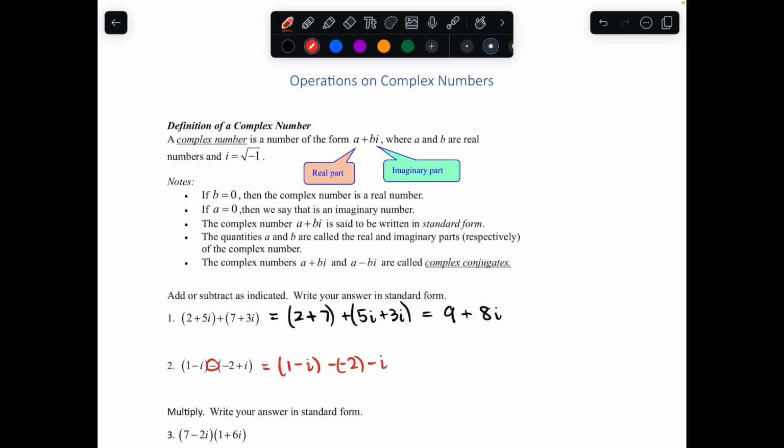So now let's regroup everything. We have for the real parts 1 plus 2, and then for the imaginary we have negative i minus i. So this then becomes 3 minus 2i, and that's in standard form, so that's our final answer.